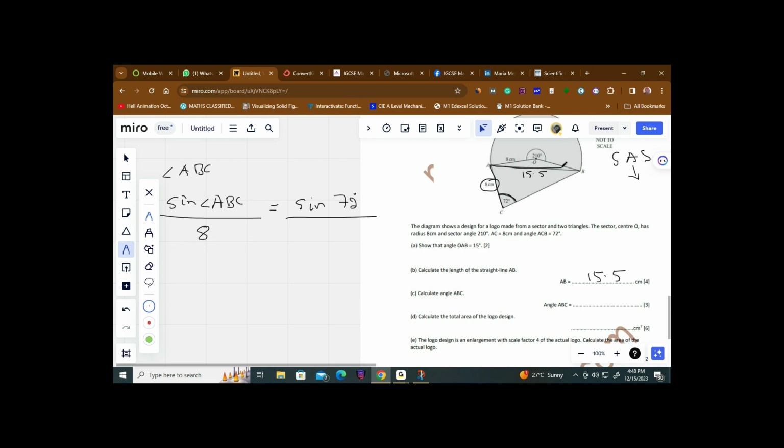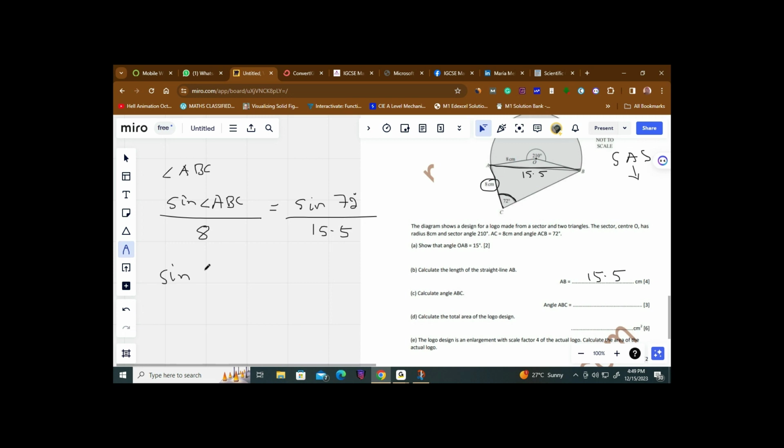AB is the side that is right opposite to 72 degrees. This is the side, so you're going to write here 15.5. This is the AB length, which is right opposite to 72 degrees. Clear? Now you're going to find out your angle ABC within no time.